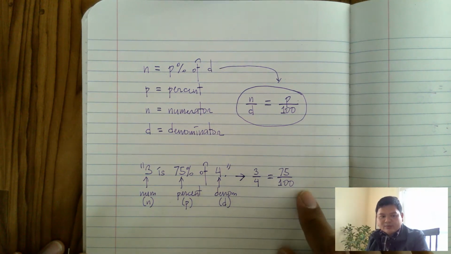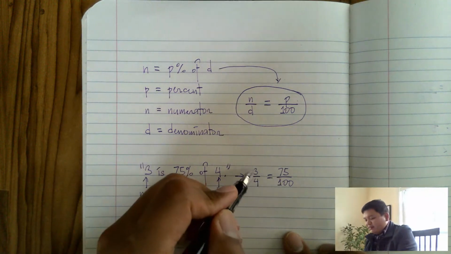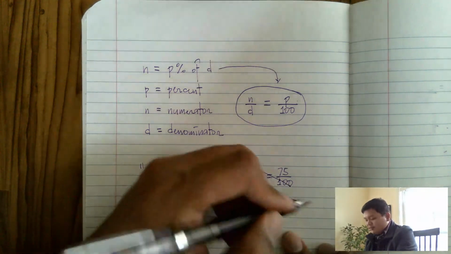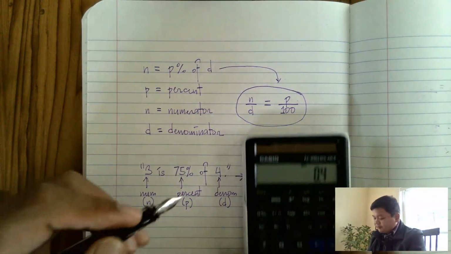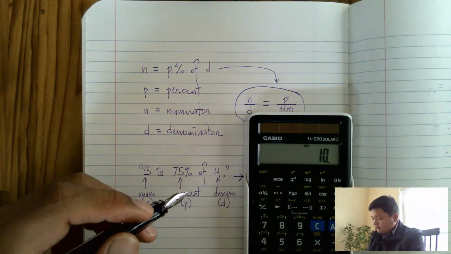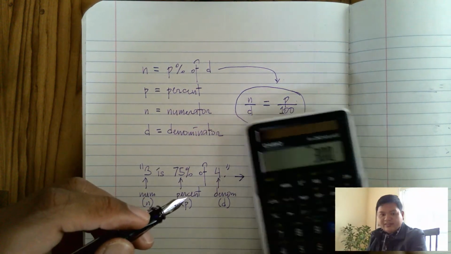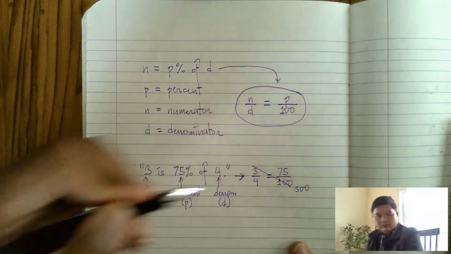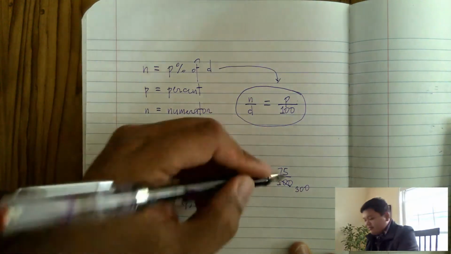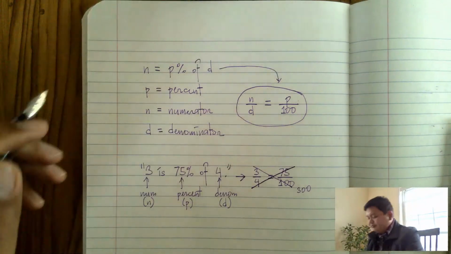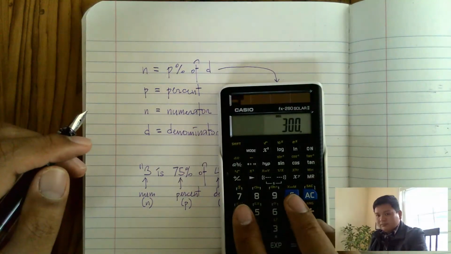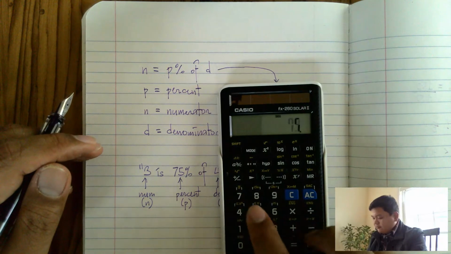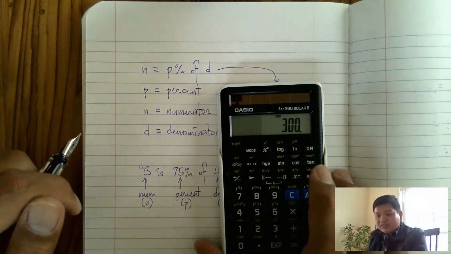Applying this to the proportion above, we have 3 times 100, which gives me 300. And 4 times 75, which also gives us 300.